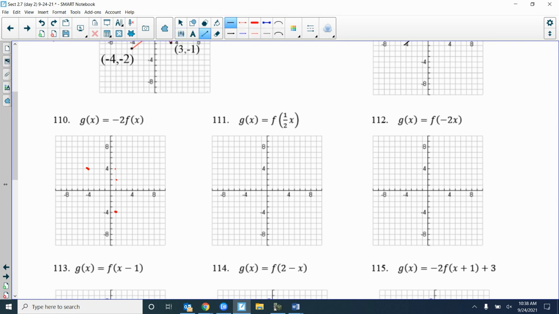You might want to draw in at each point the line segment, because if there's been a lot of movement, it might not be obvious what order you go. Next one is 3, -1. It stretches, so it goes to 3, -2. Reflect. It'll go to 3, +2.